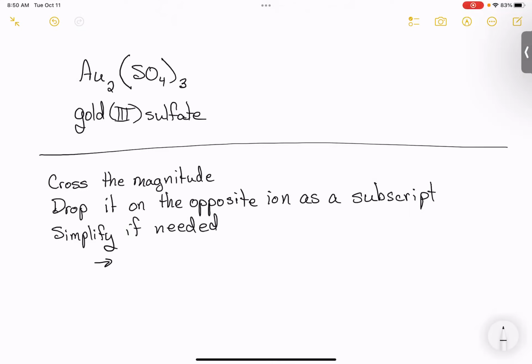Basically, you will need to simplify if the subscripts dropped are divisible by any number but one.